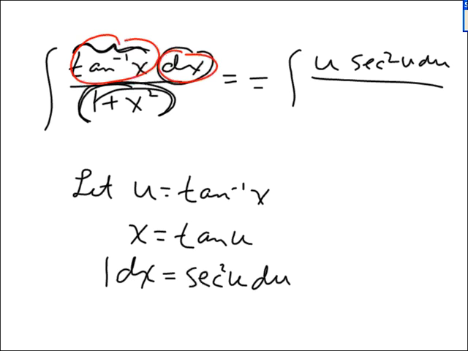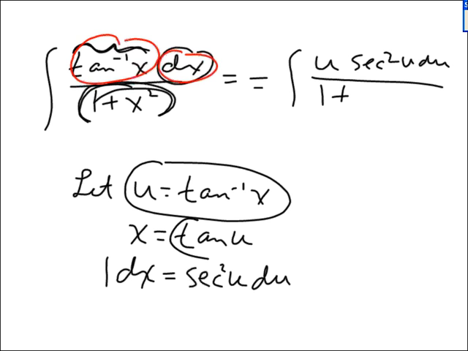I guess we drew a triangle and we came up with that. Here I came up with it without drawing a triangle. The bottom is 1 plus x squared. But that's how I write x, tangent squared. These bottom and what I just crossed out are equal, so they divide out.